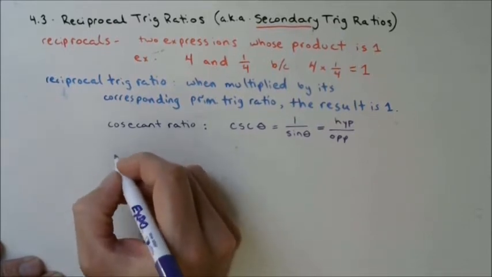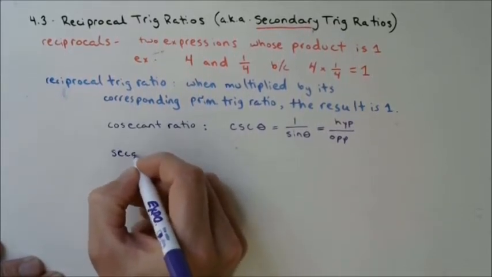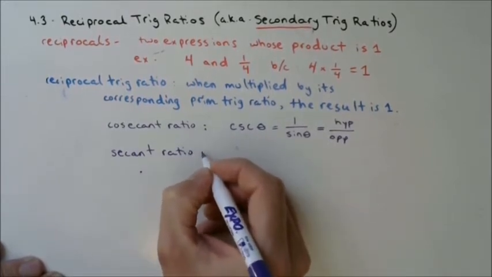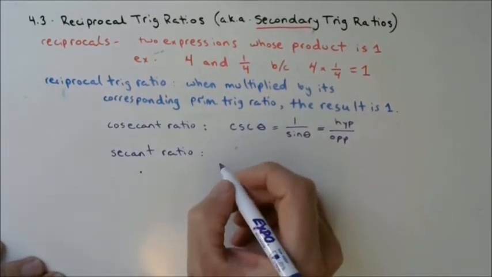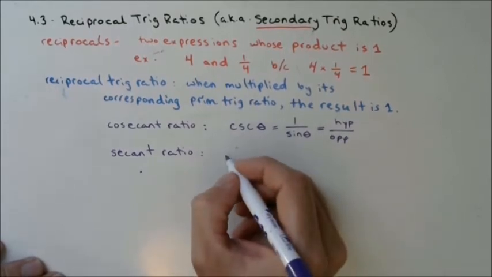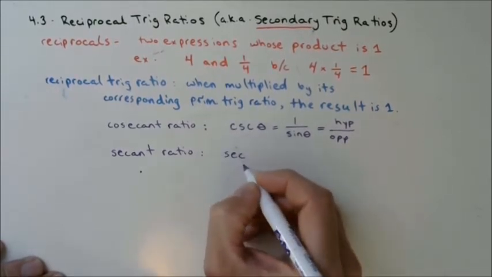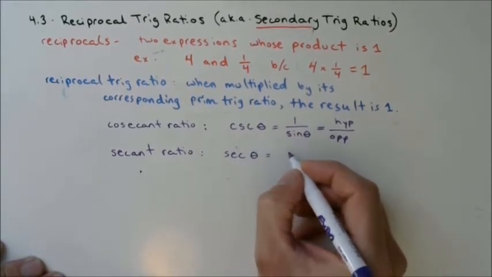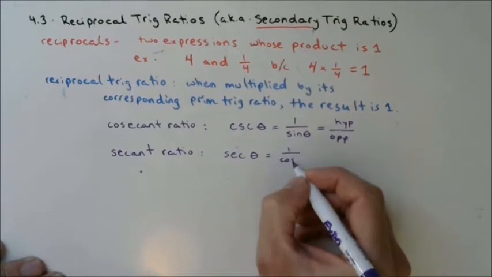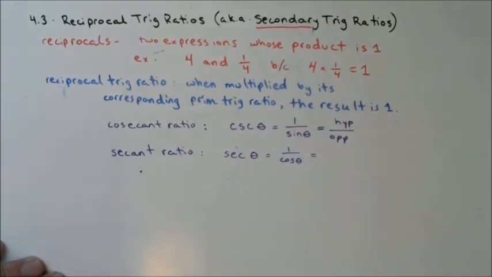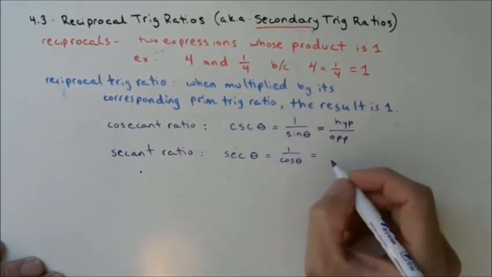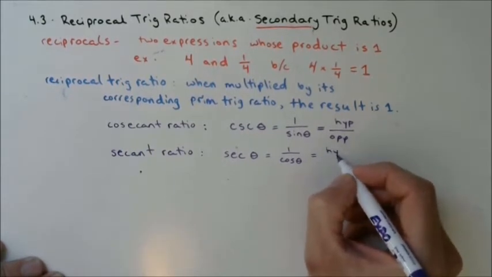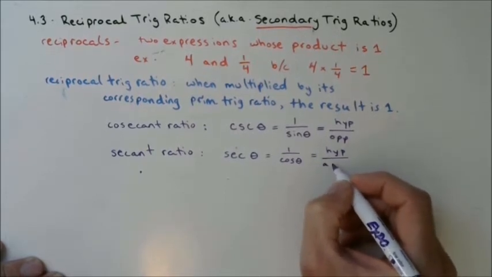The secant ratio is the reciprocal ratio of the cosine ratio, and it is indicated by SEC. So the secant of theta is 1 over the cos of theta, and the cosine of theta is adjacent over hypotenuse, so the secant of theta is the ratio hypotenuse over adjacent.